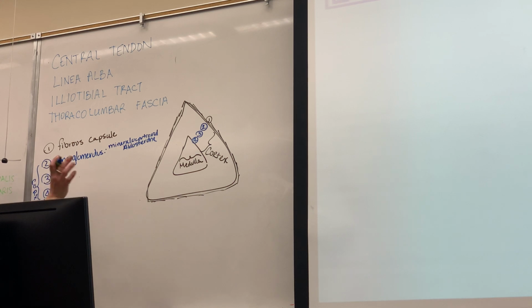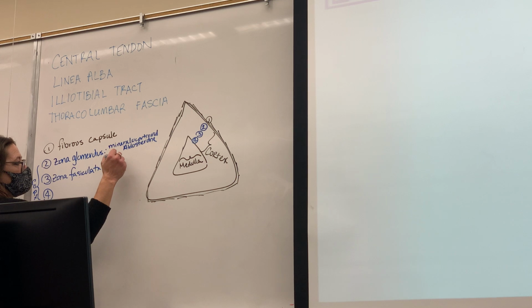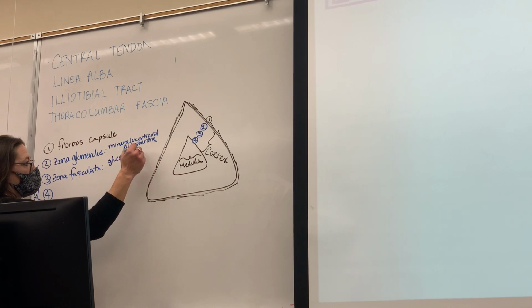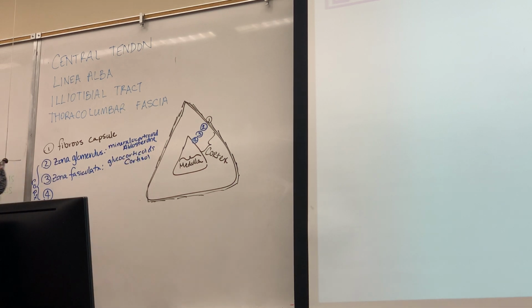Number 3, the middle layer of the cortex, is called zona fasciculata, and that makes glucocorticoids. And we're learning cortisol. Okay.